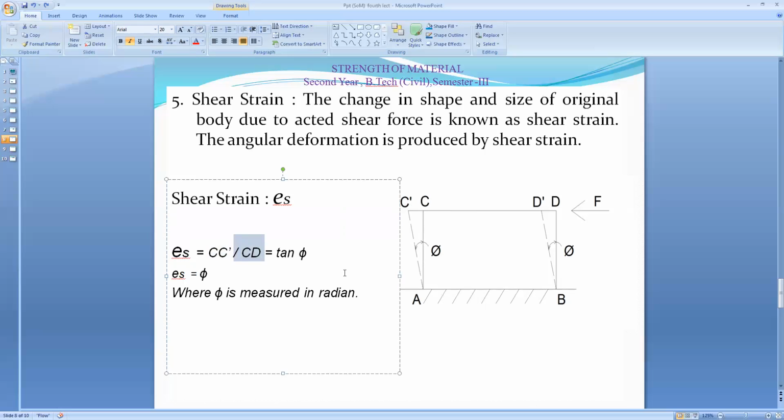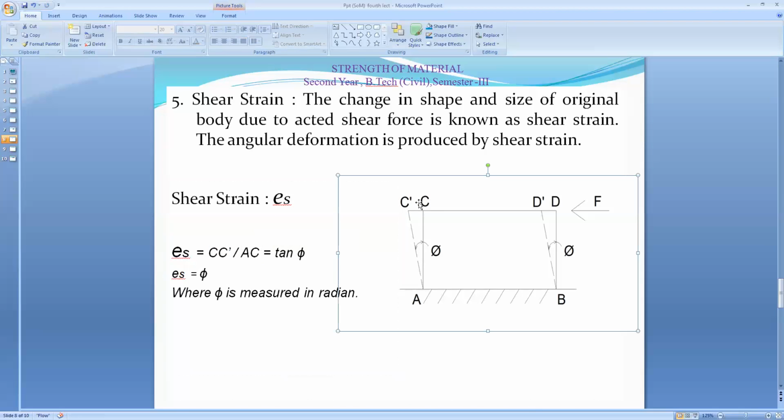Not C to D, sorry, here we have to consider A to C. So change in length divided by original length, C to C dash is the change in length divided by original length.